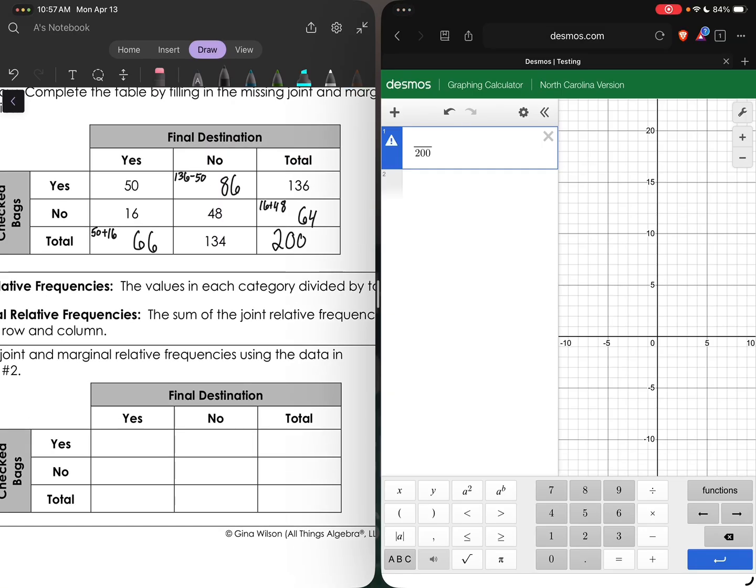Now I'm going to fill in the numbers in the numerator. 50 is 25%. Or you can put 0.25. My personal preference, I like 25%, but your choice. 86 gives me 43%.